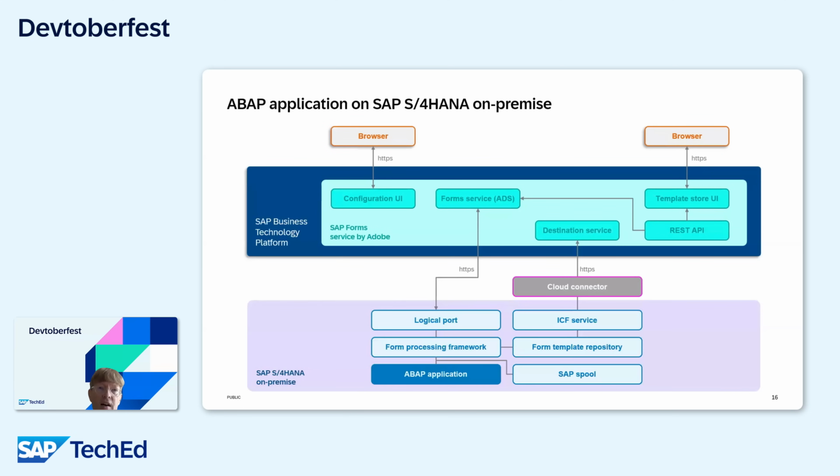The more common scenario is with SAP S/4HANA on-premise. So again, near the top of the slide in the middle, there's the form service, the ADS in the cloud. But this time, the ABAP application is at the bottom. That's on-premise, on SAP S/4HANA on-premise. And the two worlds, as it were, are connected to one another by means of the cloud connector.